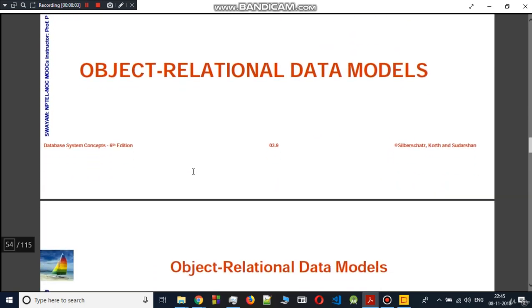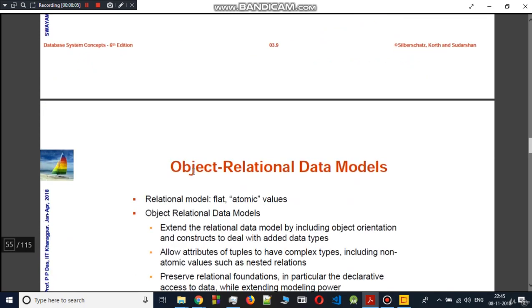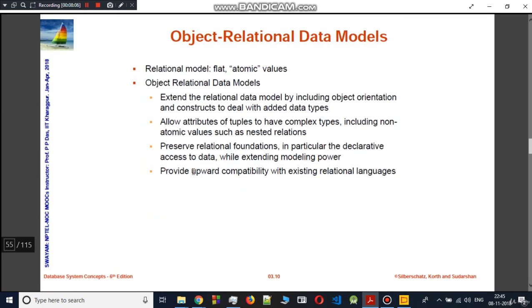Now the object relational data model. The relational model has flat, atomic values. Atomic means single values, like a single name. The object relational data model extends the relational data model by including object orientation and constructs to deal with added data types.